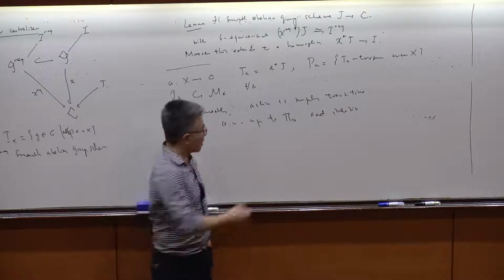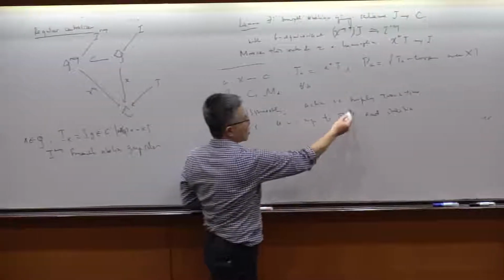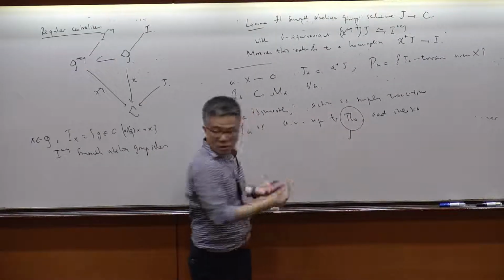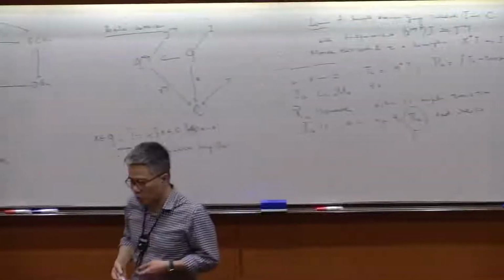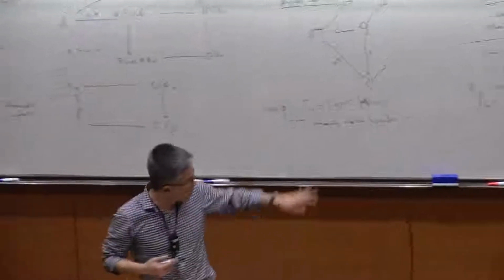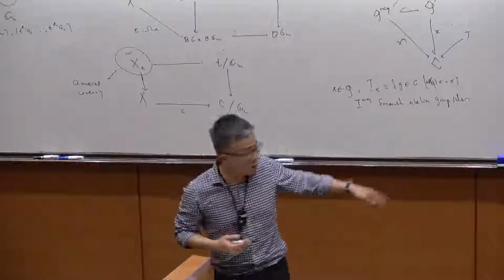And somehow, in general, this pi naught is actually possible in endoscopy. How we can construct some kind of geometric endoscopy theory by studying this pi naught.